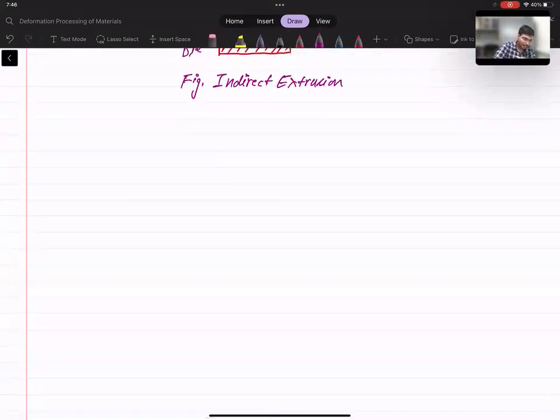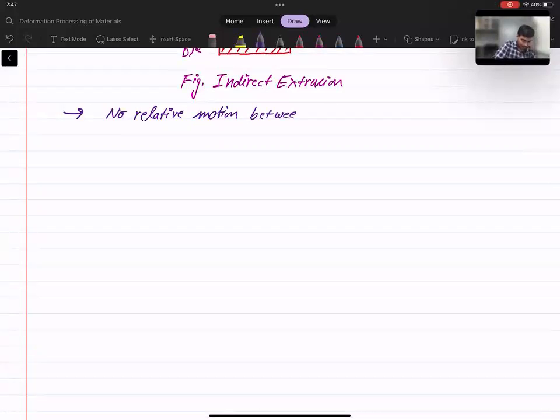Also, I had mentioned an important point here, which is no relative motion between the container and billet or workpiece. Okay.